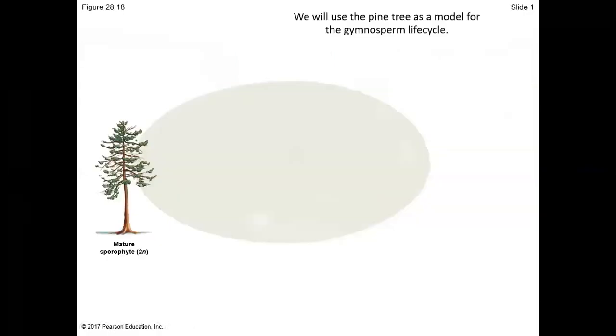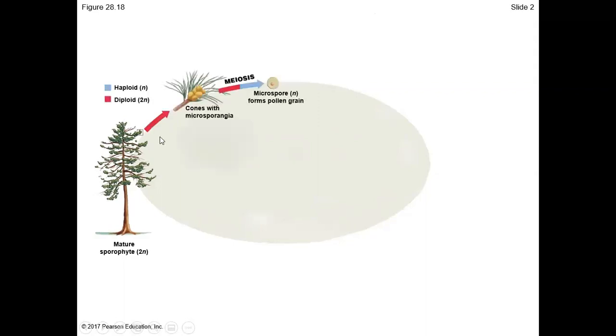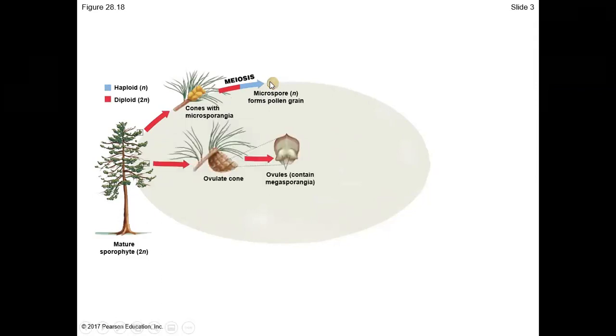So now we're going to go through the whole life cycle with a pine tree. So we're starting with our mature sporophyte here that is diploid. On the male side of things, we have our male cones with the microsporangia that we just looked at. Through meiosis, we will form the microspores, which are then haploid, and that will form our pollen grain.